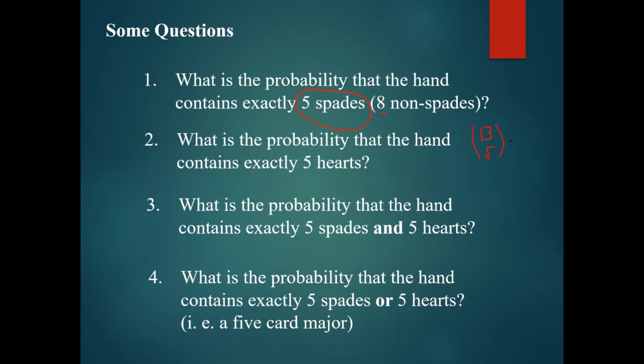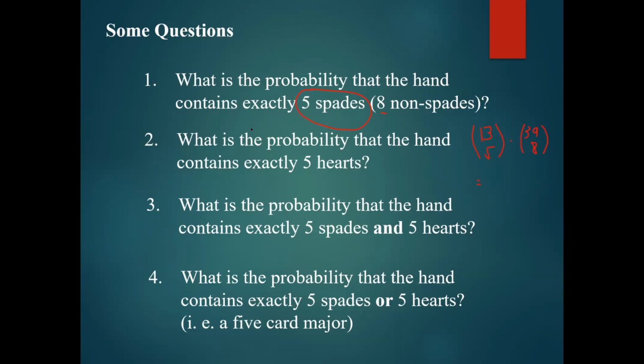Now we multiply this because we need 13 cards, so that would be 8 more. Since these are all non-spades, we subtract 13 from 52, so we have 39 choose 8. That is the total number of bridge hands which contain exactly 5 spades.